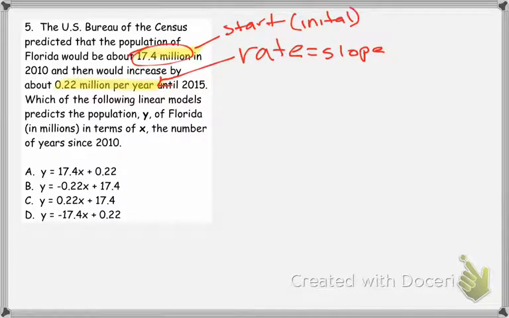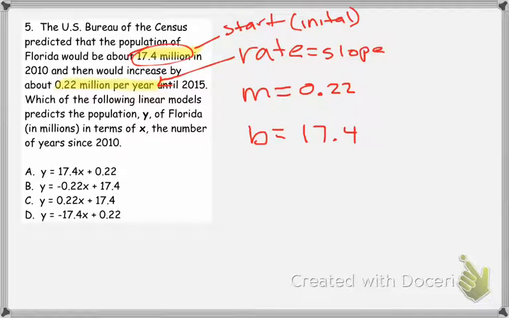So we got our M and B. M is going to be our rate, which is 0.22, and our B is going to be 17.4.